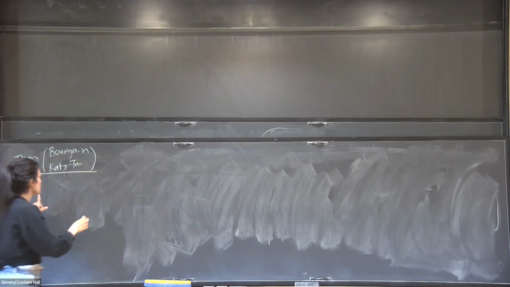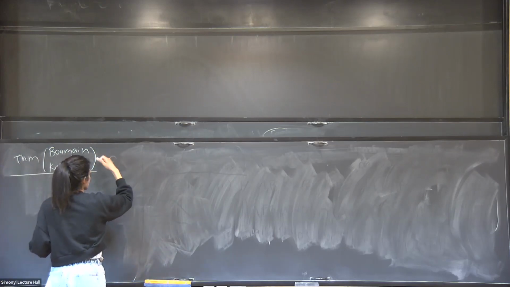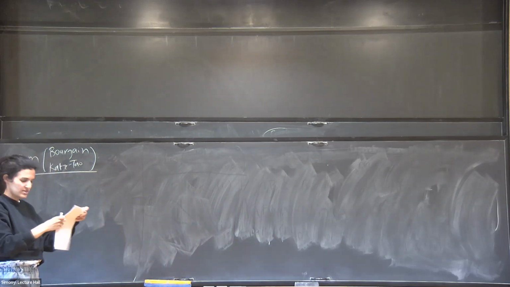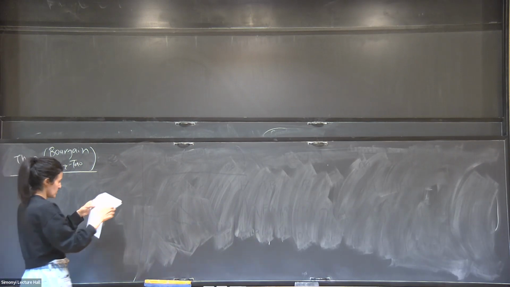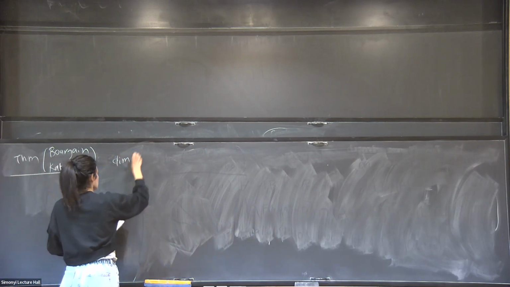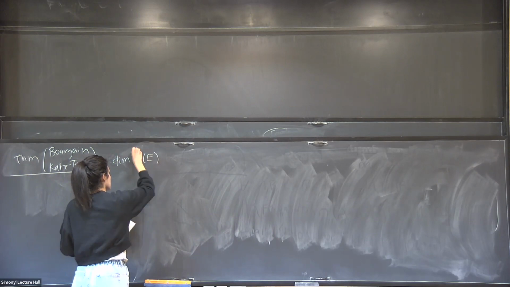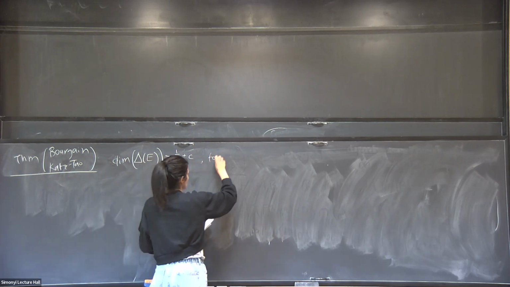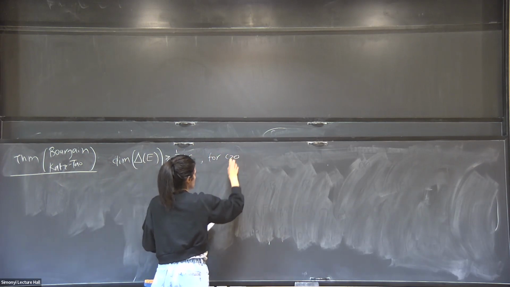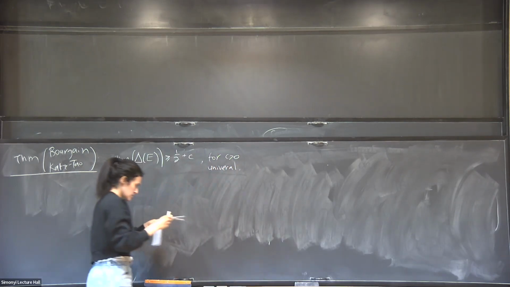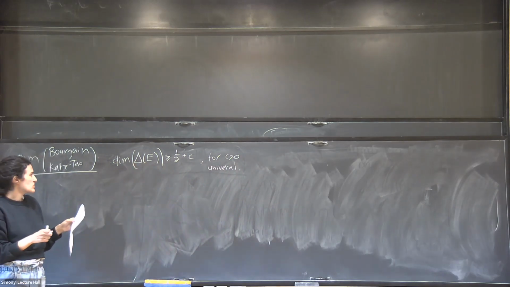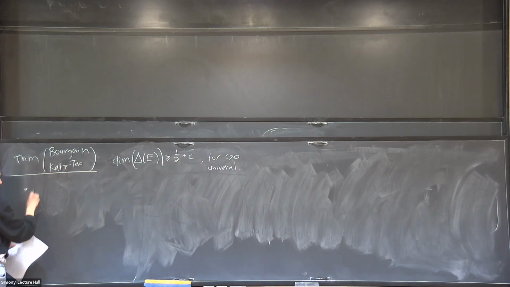He showed that, again, E is of dimension 1, and the distance set will have dimension 1/2 plus some constant C. So the dimension of the distance set is at least 1/2 plus C, for C positive and universal, so independent of E. Okay, and the pin version also makes sense here.